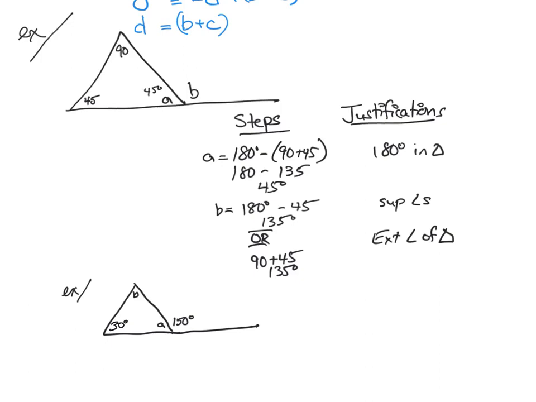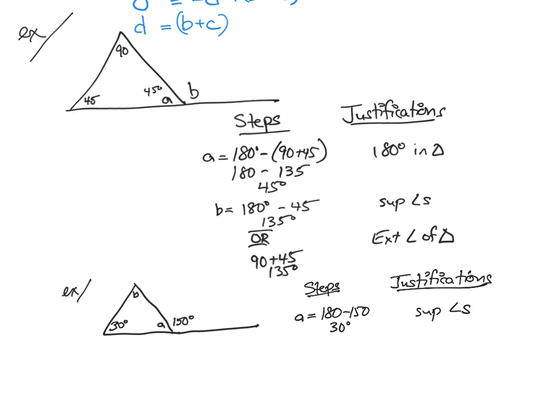Okay, you could say in your steps and justifications, A equals 180 minus 150, which is 30 degrees. And the reason for this is supplementary angles.